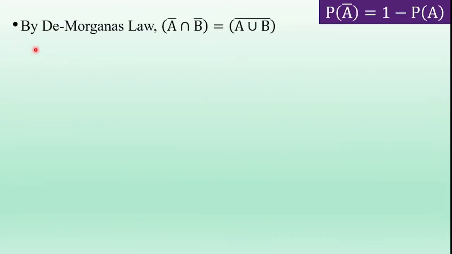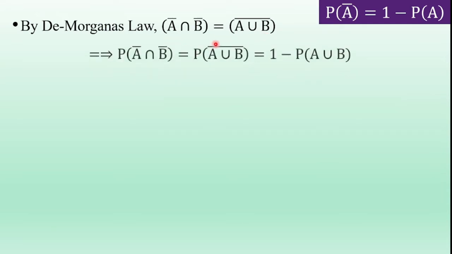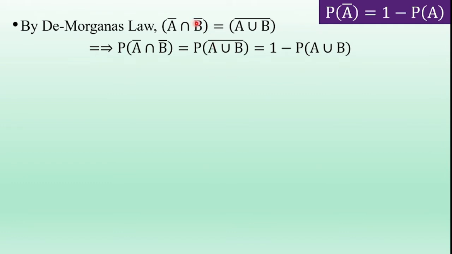Using De Morgan's law, the complement of the union of two events is equal to the intersection of their complements. That is, (A union B) whole bar is equal to A bar intersection B bar. In this equation, take the probability on both sides: probability of LHS is equal to probability of RHS.